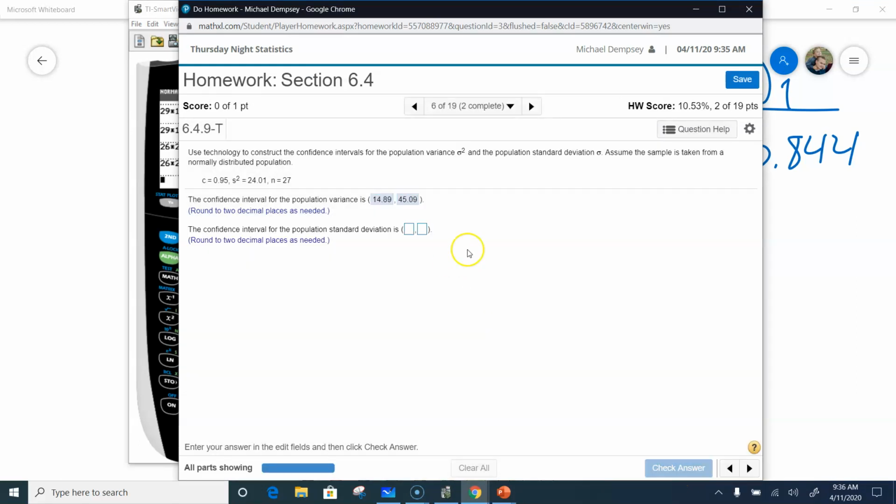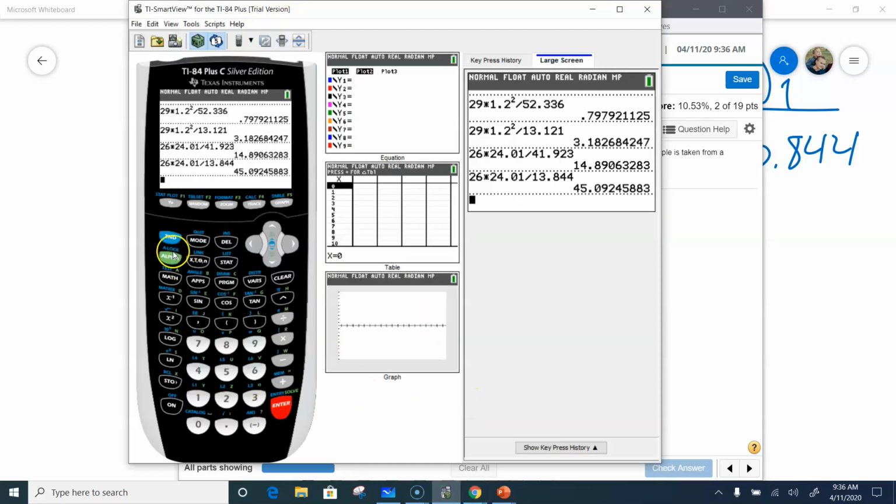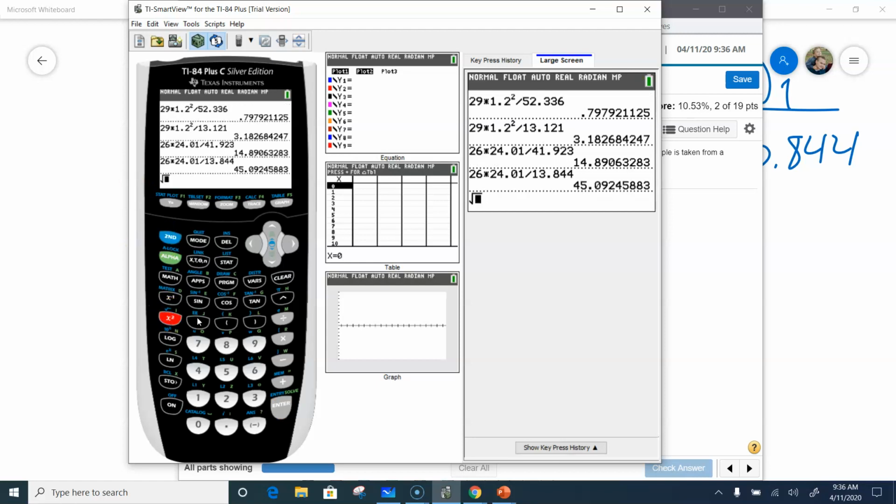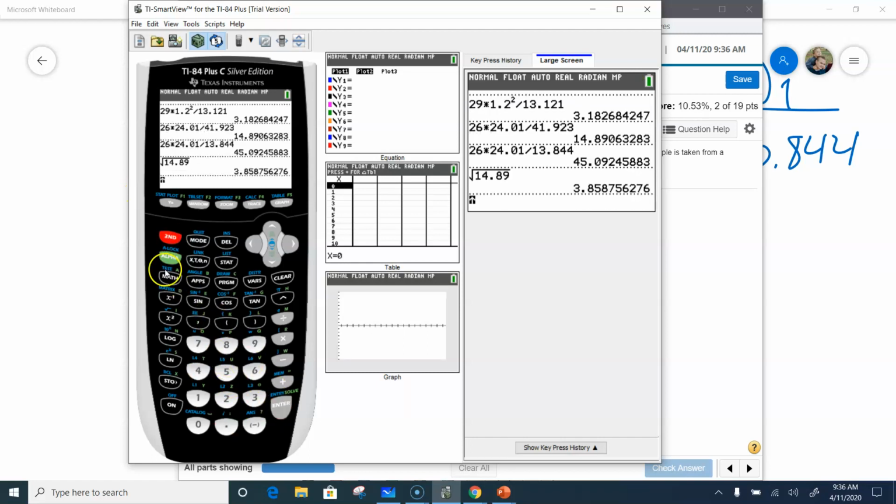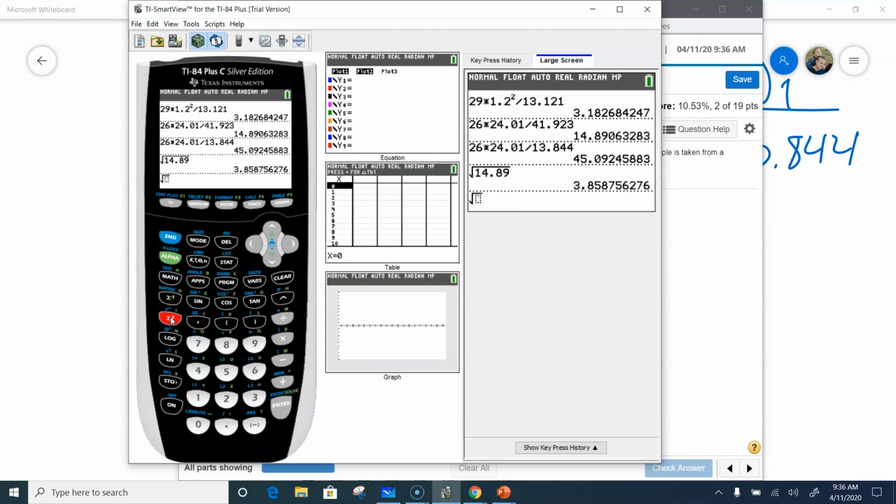Okay. So we'll do one more of those. Make sure we get the hang of that. But you're looking up, oh shoot. So this is the population variance. So the standard deviation would just be the square root of each of those, right? So I would take the square root of 14.89. And I want to take the square root of 45.09.